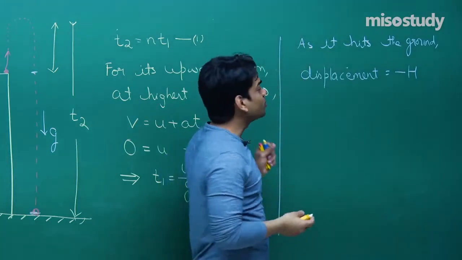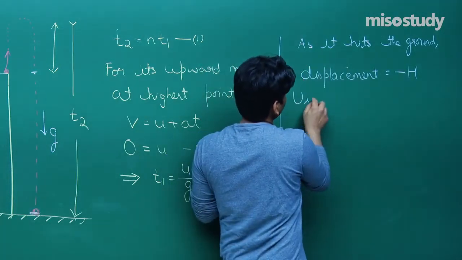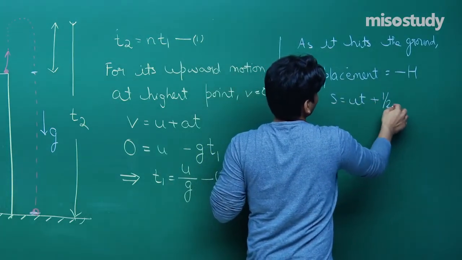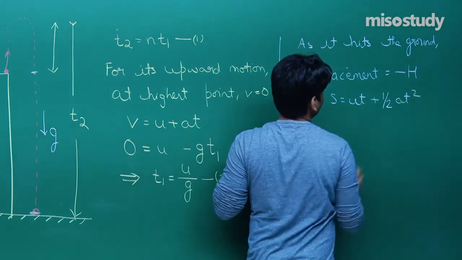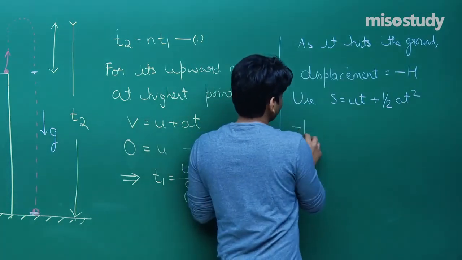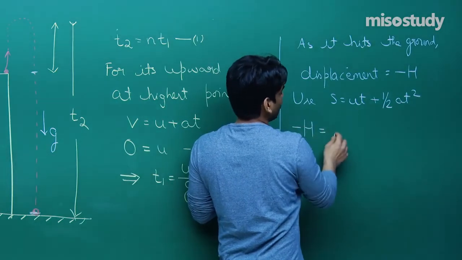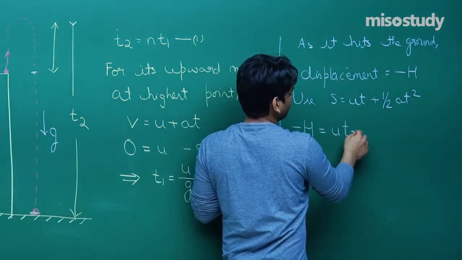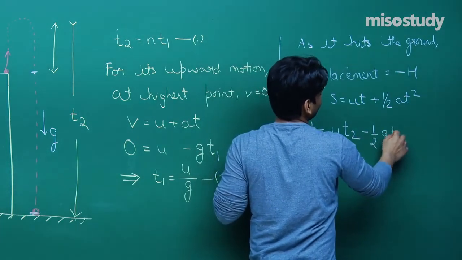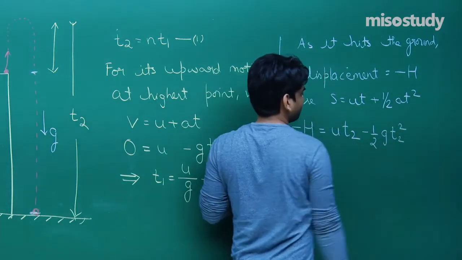So what you can use is s equal to ut plus half at square. Now s is minus h, so let me use here minus h equals u, the initial velocity, times the time taken t2, and a will be minus g, so minus half g t2 whole square.